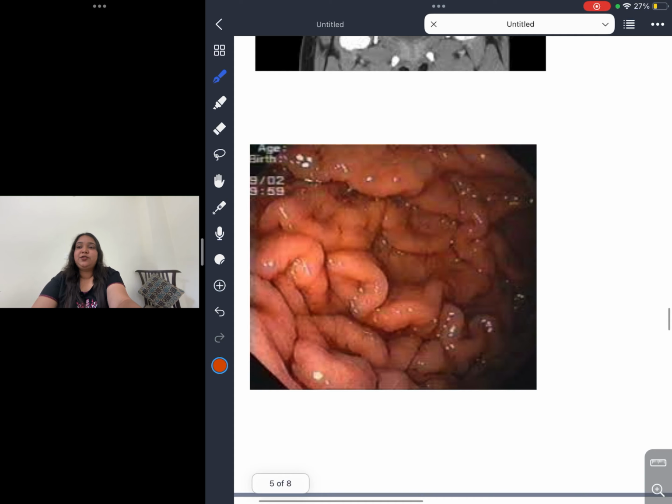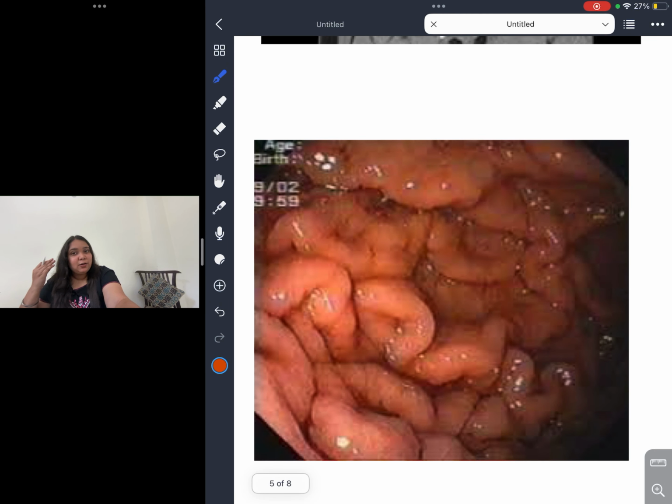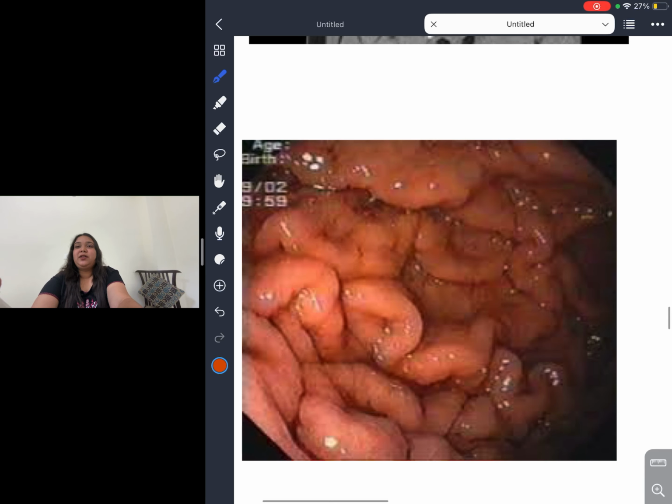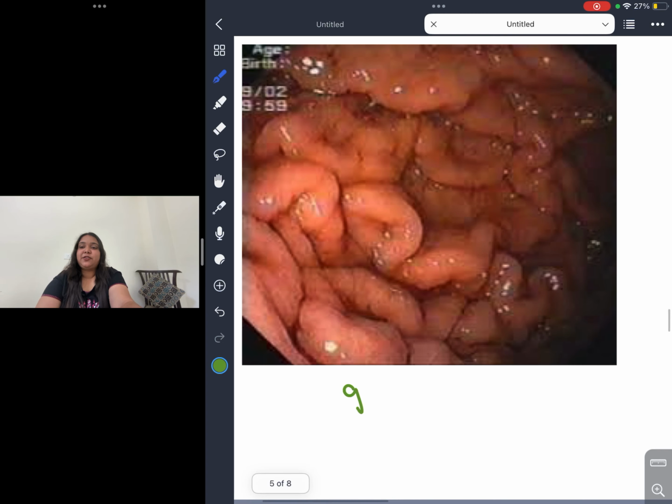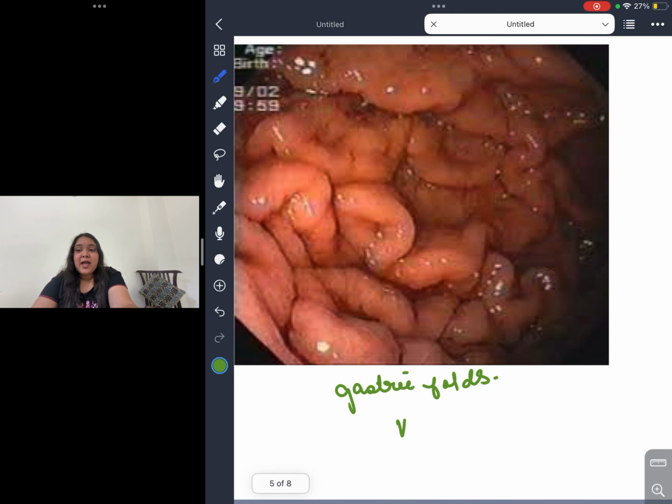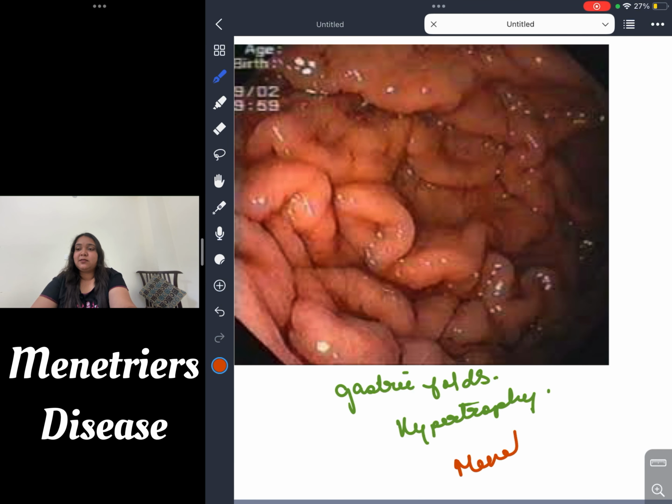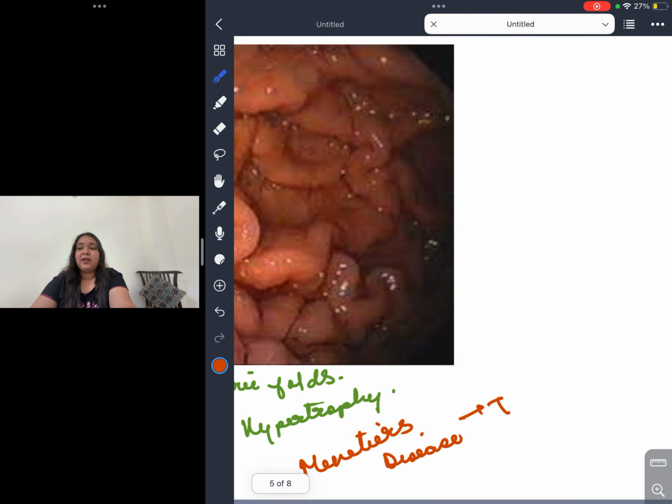Now for this next condition, this looks like your cerebral folds, right? But these are not cerebral folds, these are your gastric folds. And this is a condition where we have hypertrophy of these gastric folds, and it is known as Menetrier's disease. Now this Menetrier's disease is due to TGF alpha.